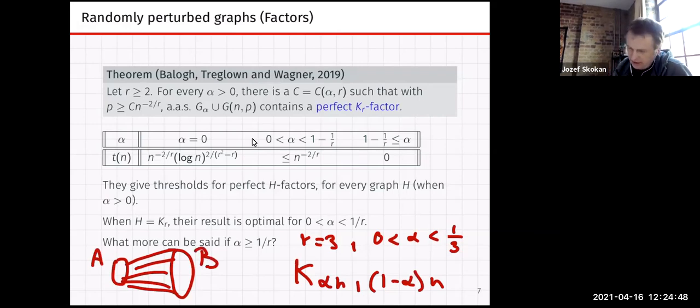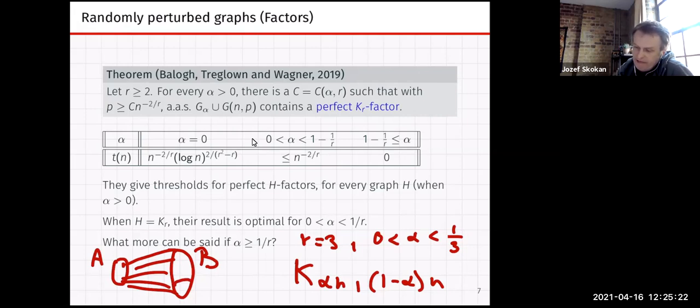And so what will happen here if you try to cover this graph by copies of triangles, K3? If you use some vertices of A, you can cover at most 3 times the size of A vertices. But that's not enough to cover B. So there will be some large set that is not covered.